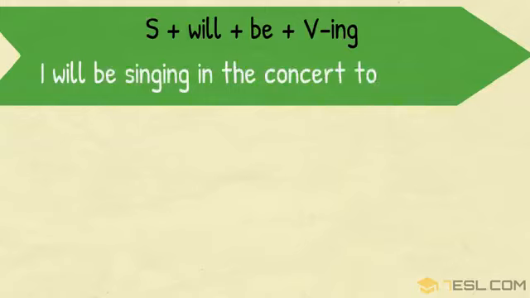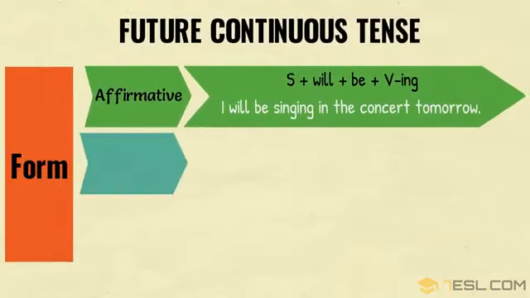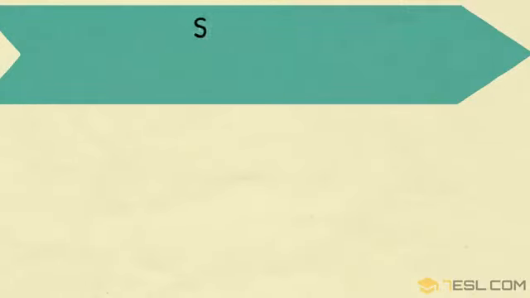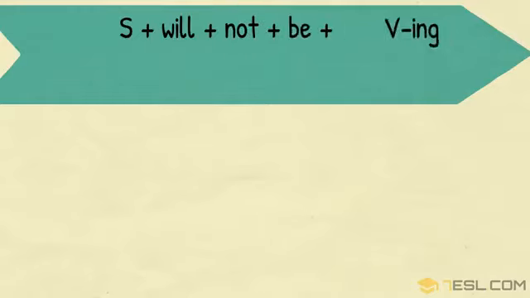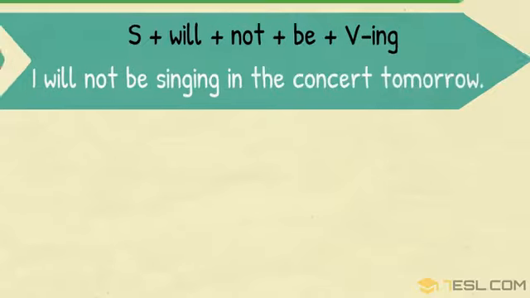I will be singing in the concert tomorrow. Negative: subject plus will plus not plus be plus verb-ing. I will not be singing in the concert tomorrow.